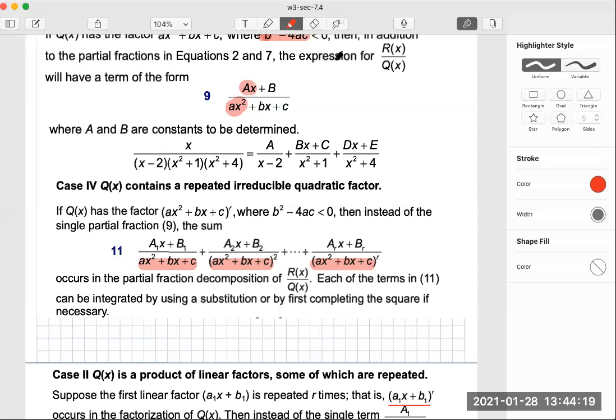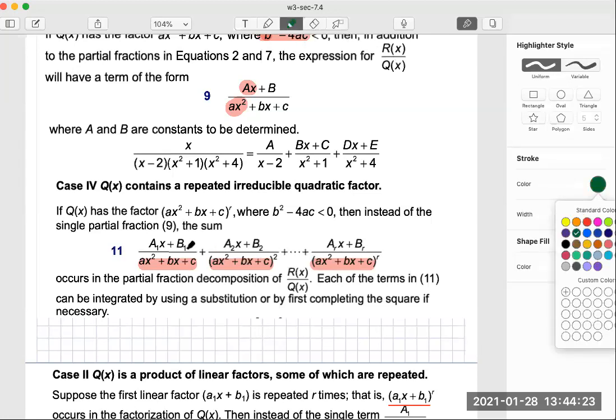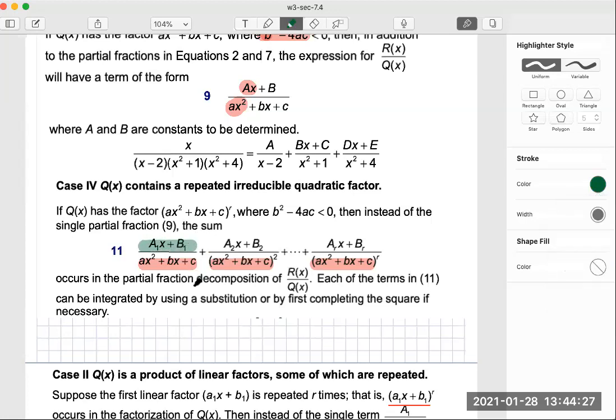Each numerator here is a linear term, 1 order lower than the denominator. Now, spend a minute of your life. Memorize all the ideas here. 4 cases.